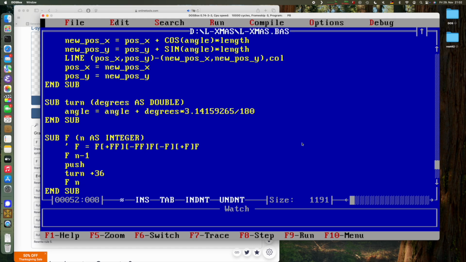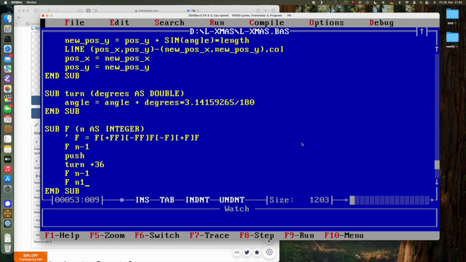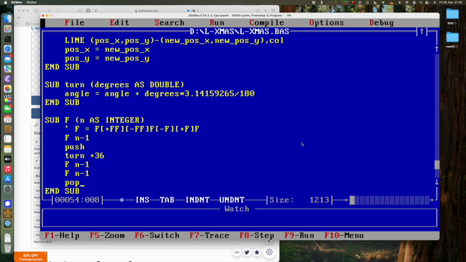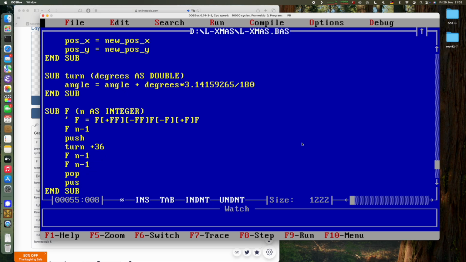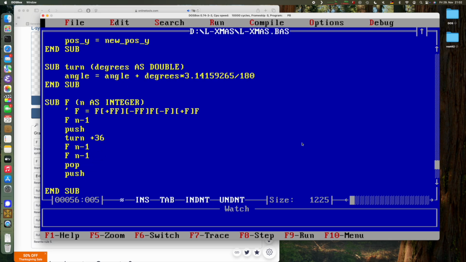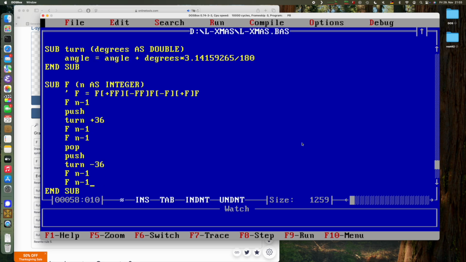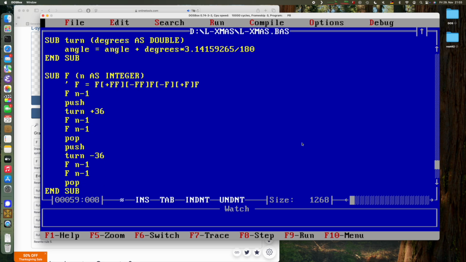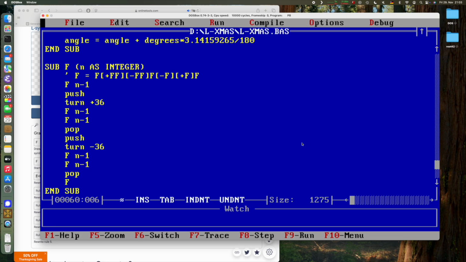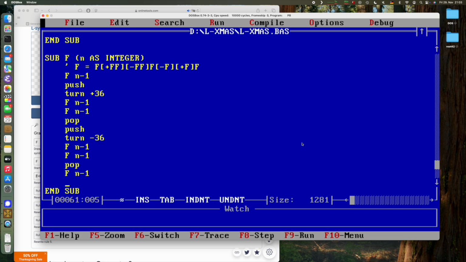Then we get fn minus 1, fn minus 1, and a pop, and again a push. Then we get a turn minus 36 degrees, fn minus 1, fn minus 1, then a pop, fn minus 1.